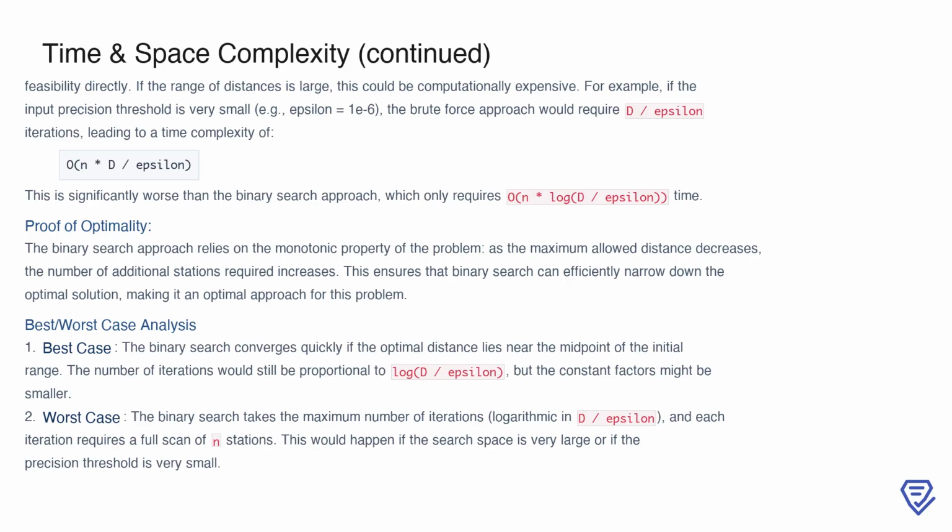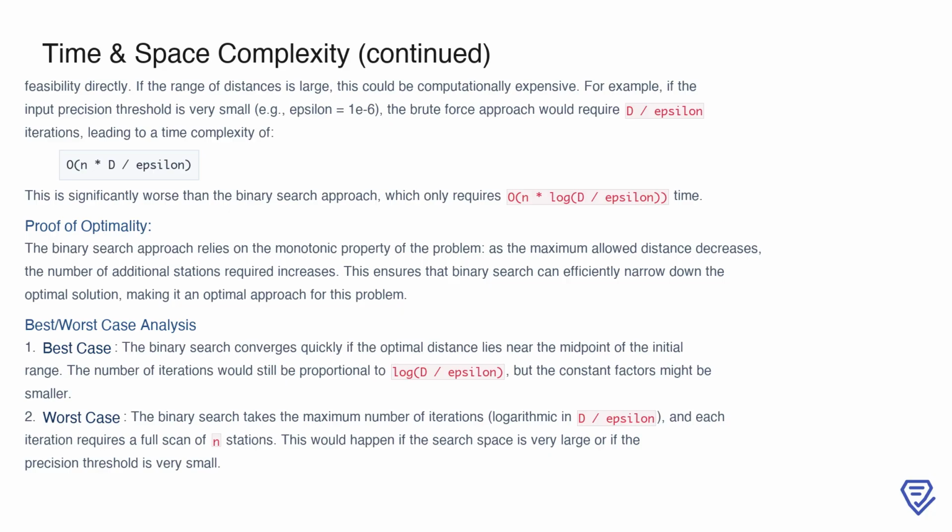If the precision threshold, epsilon, is very small, say 1 times 10 to the power of -6, this would result in roughly d/epsilon iterations. When combined with the O(n) time required to scan through station gaps, the overall time complexity of brute force becomes O(n * d/epsilon). This is significantly worse than the binary search, which only requires O(n * log d/epsilon) time.